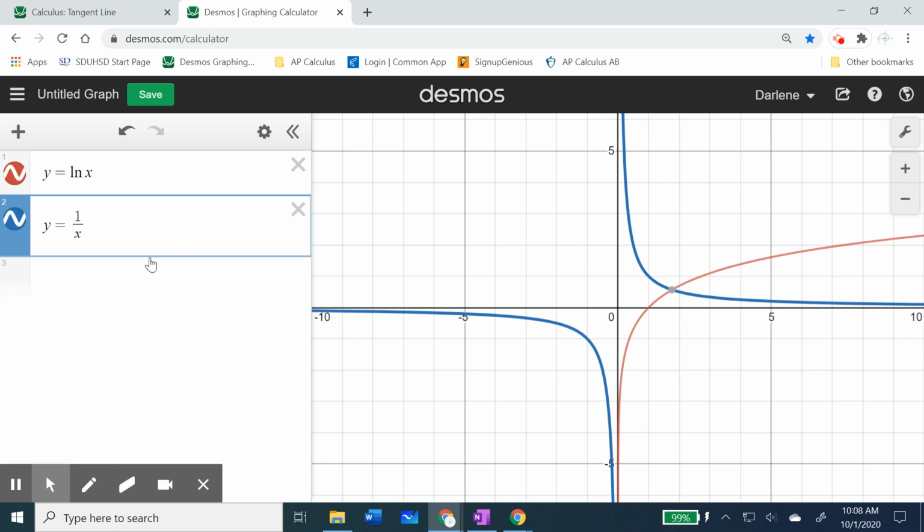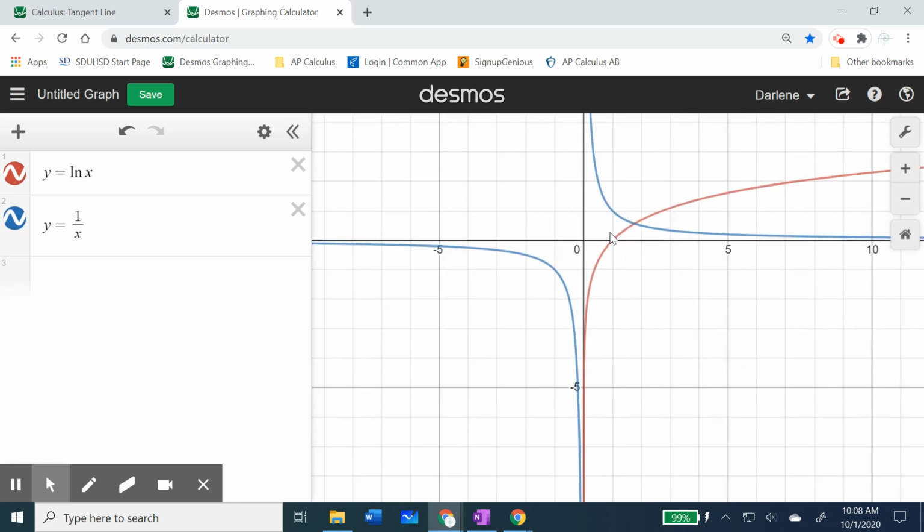So if you look at the entirety of 1 over x, you see that there's a problem. The logarithm is only existing when x is greater than 0, so its derivative should only be this right half. I can tell Desmos to graph only that right half.